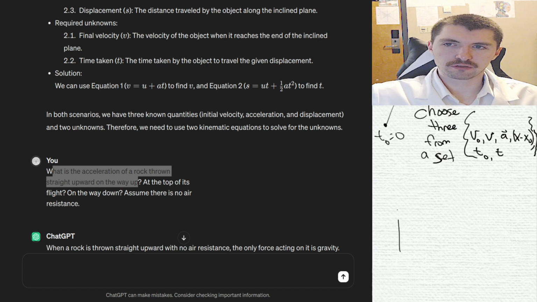So a rock thrown upward is experiencing, this is x and this is y, negative gravity.